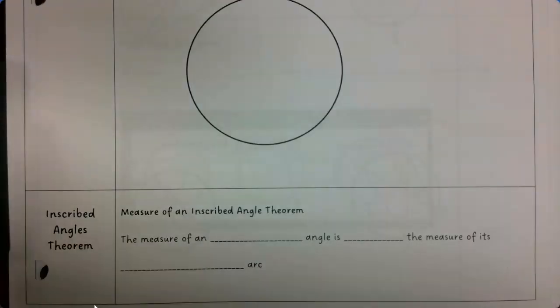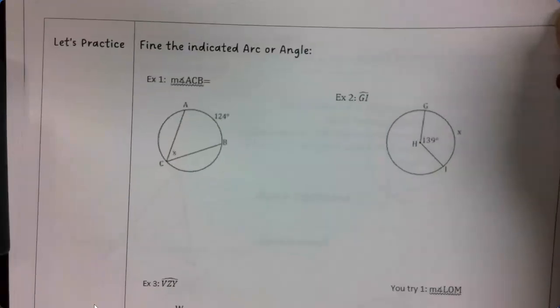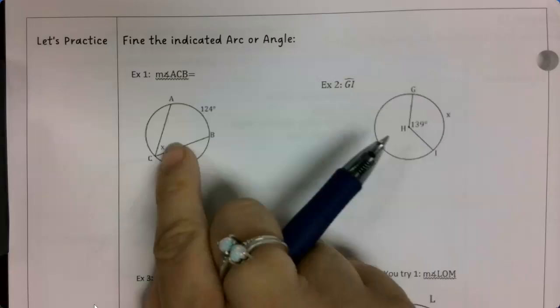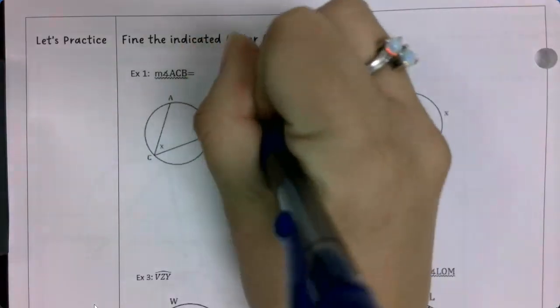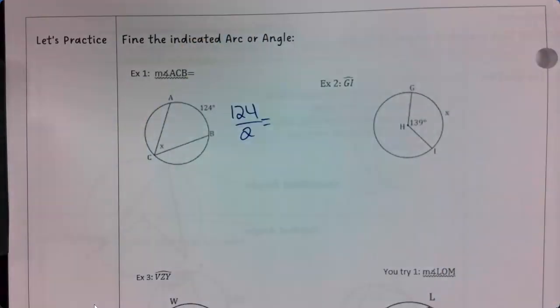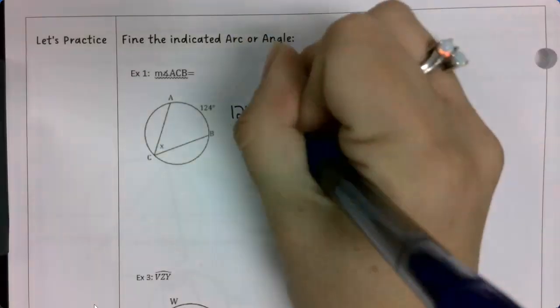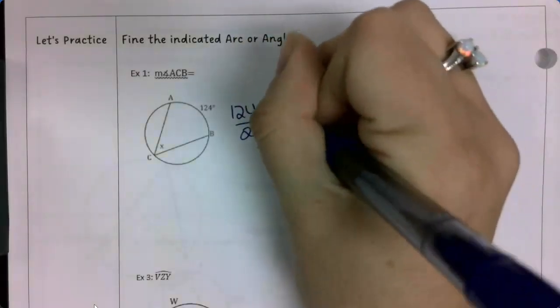So these want me to find the measure of the indicated arc or angle. So this angle needs to be half of this 124. So I'm just going to do 124 divided by 2, which gets us 62 degrees.